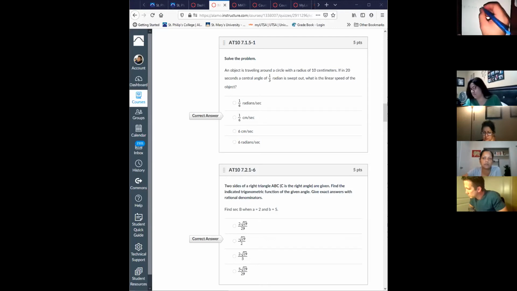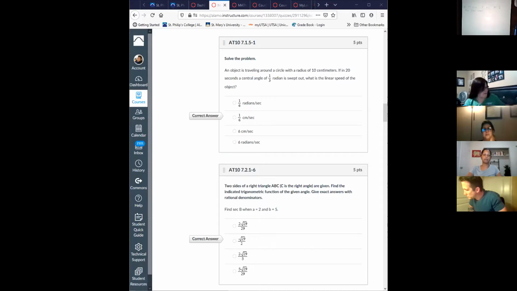Seconds is 20, so we'll say time is 20 seconds. Central angle theta, we'll say theta is equal to 1/3 radian. What is the linear speed? Okay, so now I need to find the linear speed formula because I don't remember.